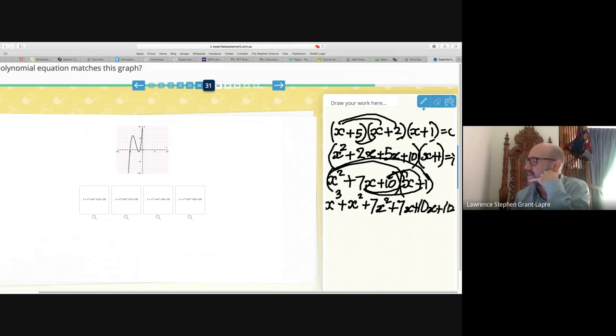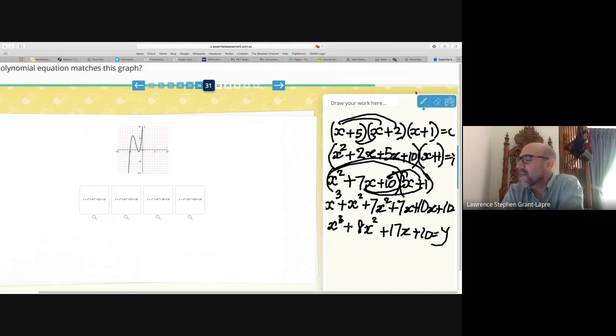And that gives us x cubed plus 8x squared plus 17x plus 10. And that's the second option.